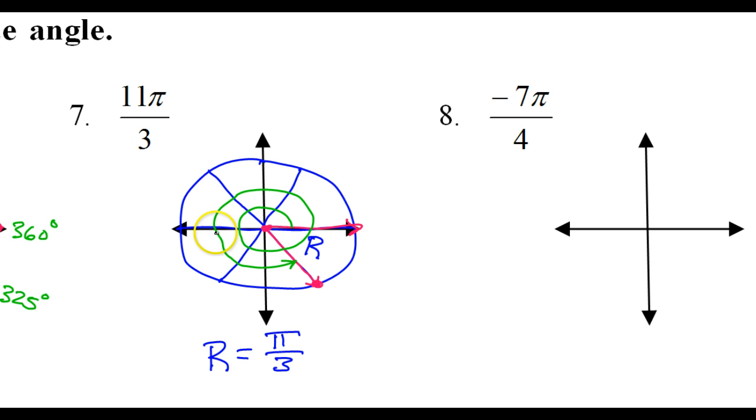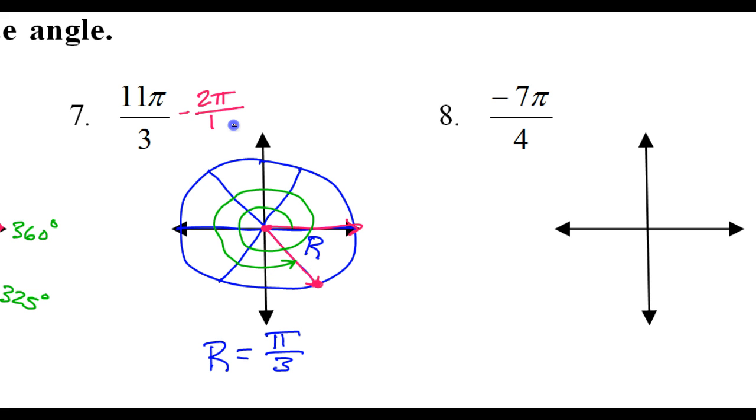This is clearly bigger than 2 pi. 3 times 2 is 6, so 6 pi over 3 would be 2 pi, and this is much bigger than that. So what we would normally do is subtract 2 pi from both sides to get rid of the extra revolution that takes you nowhere.